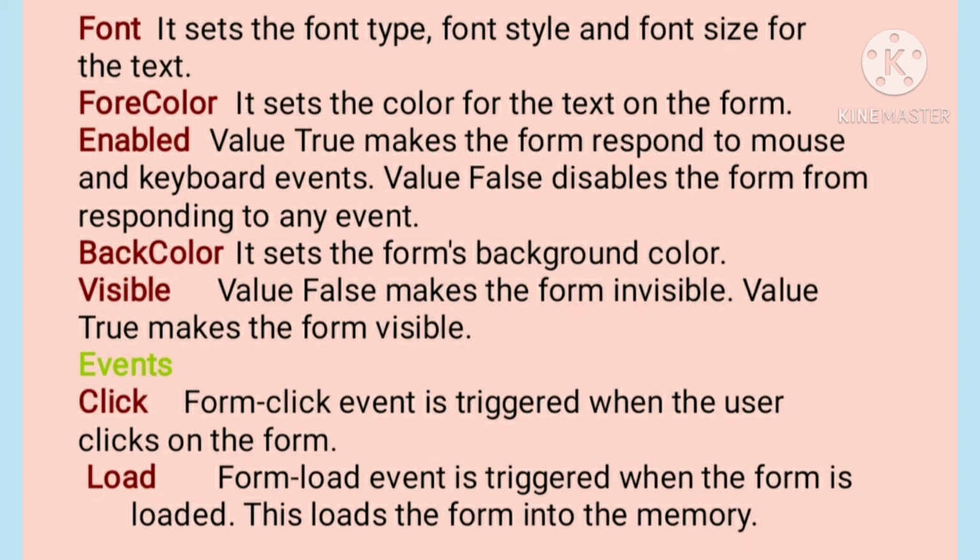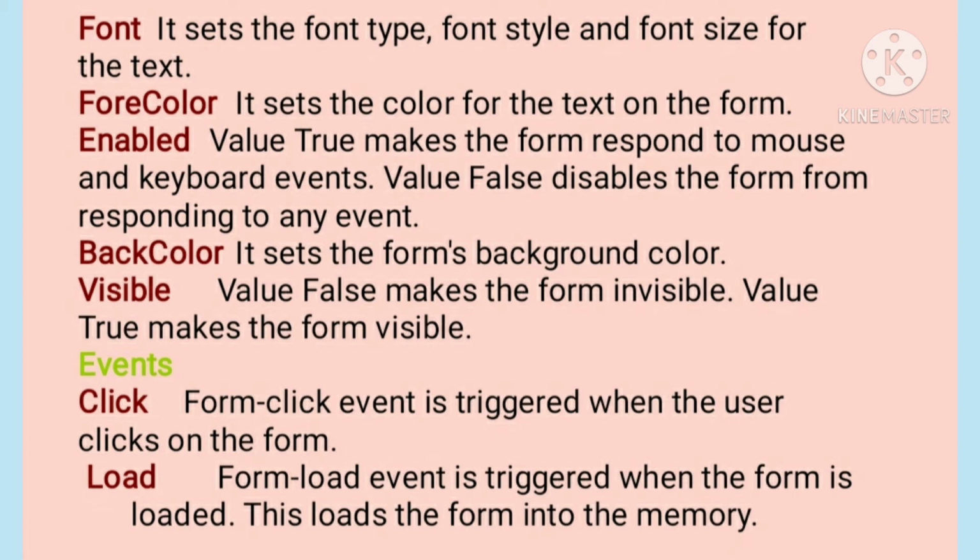Value false disables the form from responding to any event. Back color, it sets the form's background color. Visible, value false makes the form invisible. Value true makes the form visible.